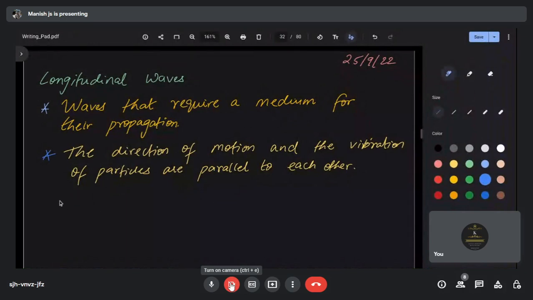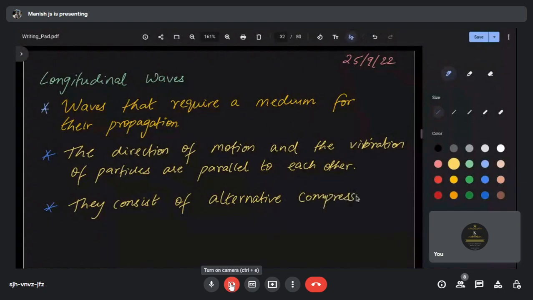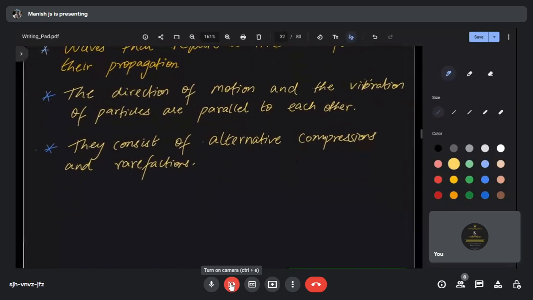So that was the second point. Apro third point, we also looked at what is formed. They consist of alternate compressions and rarefactions. So we looked at this.